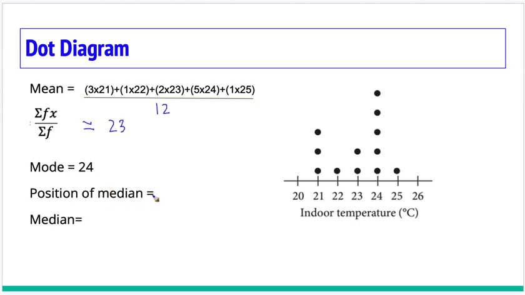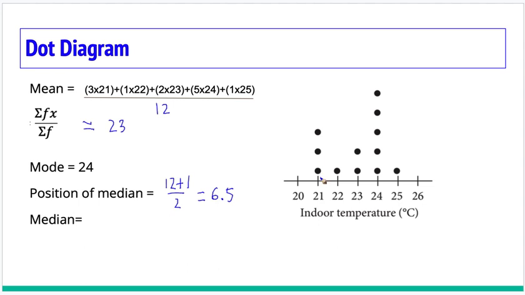The position of the median. Okay, since there are 12 numbers, we take 12 plus 1 divided by 2. So that is 13 divided by 2, which is 6.5. And 6.5 means it is between the 6th score and the 7th score.